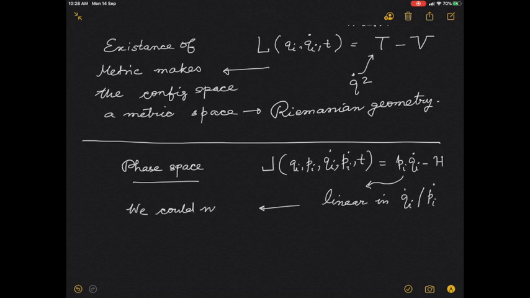Because of that, we could not define a metric here. So you cannot measure the distance between any 2 points, you do not have a geometry.